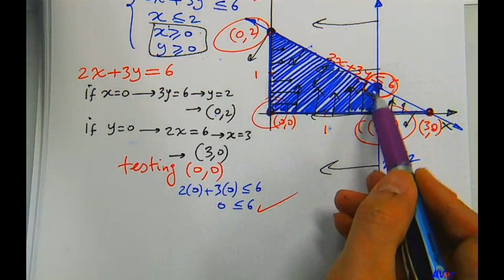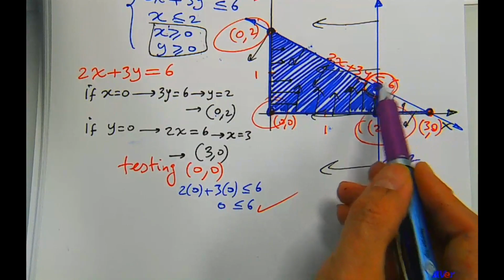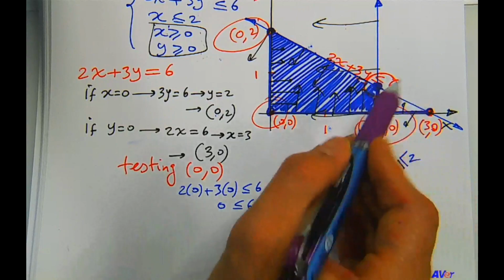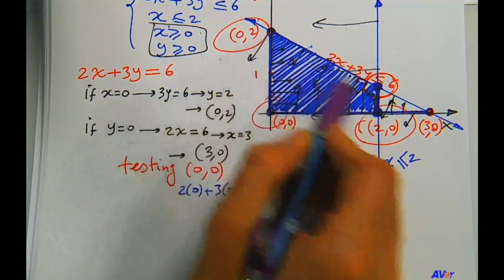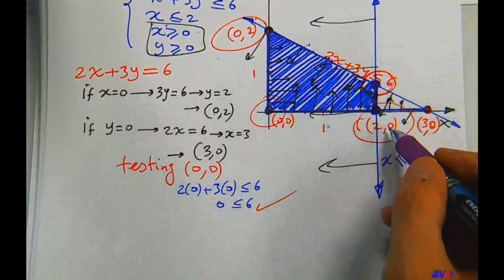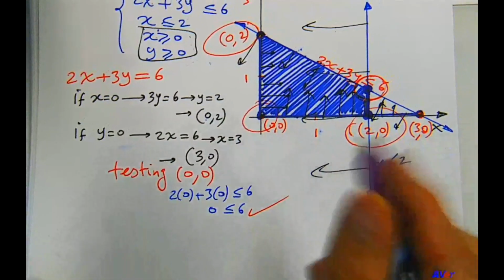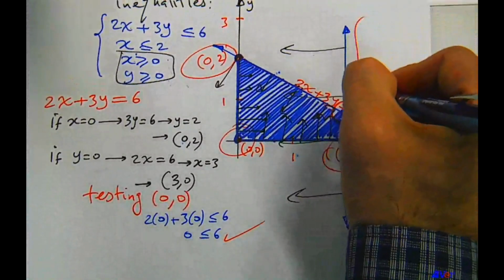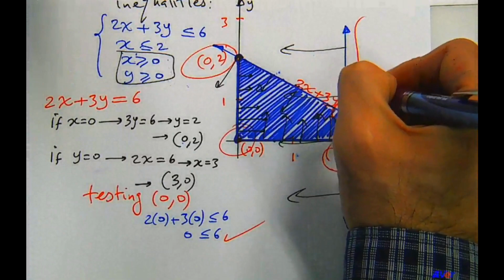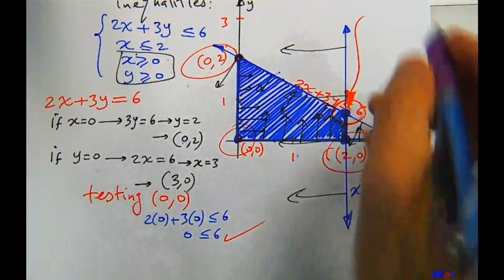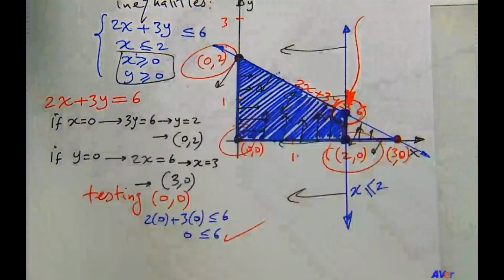But right now, we don't know the coordinates of that. We need to find the coordinates of the corner point. That point is the intersection of this slant line and this vertical line, right? So let's solve that system. So maybe I can put the coordinates of that up here.